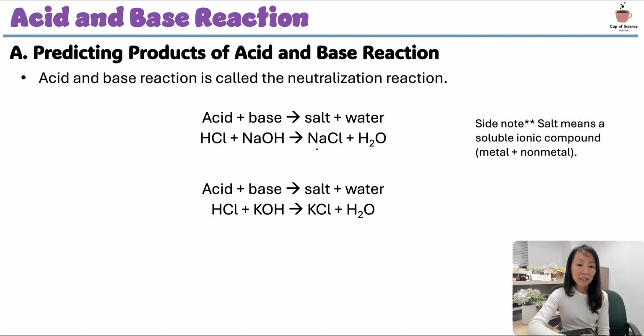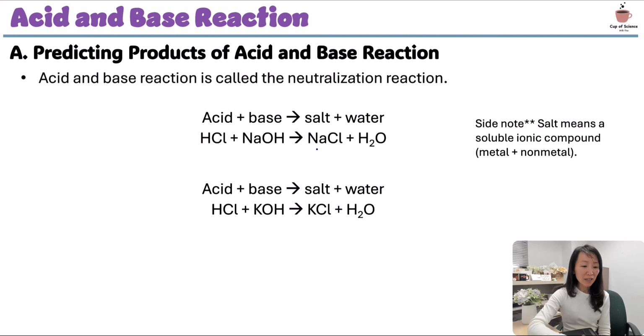Ionic compound meaning something with a metal and a nonmetal. K is a metal and Cl is a nonmetal. So this is considered to be a salt. And you oftentimes will see water, but not always the case. But for this particular introductory chemistry course, I think water would suffice.